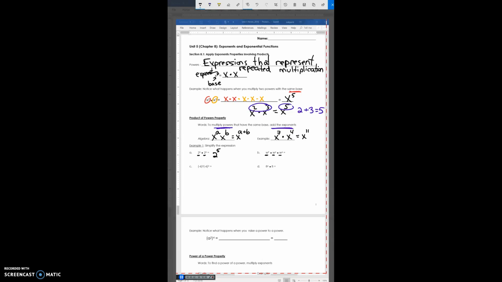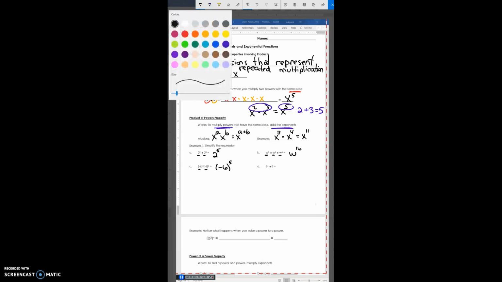So 9 plus 3 is 12, plus 4 is 16. So this part should be w to the 16th. C starts to look a little different. We've got negative bases here. Doesn't matter, same idea. I'm still going to leave negative 6 as my base and add my exponents. 2 plus 3 is 5.